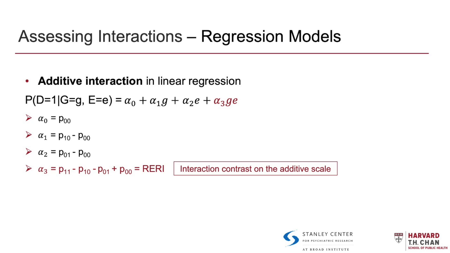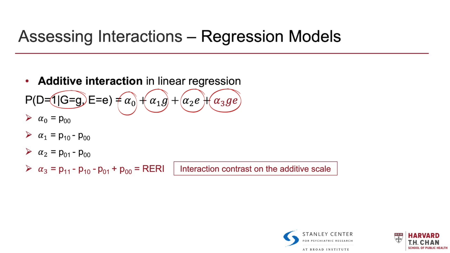So if we look at a linear regression model where we have the probability of a disease in the presence of a genetic risk factor G and the environmental risk factor E, we would write this as alpha, which is the intercept, and then the genetic risk factor, the environmental risk factor, and the term in the presence of both.